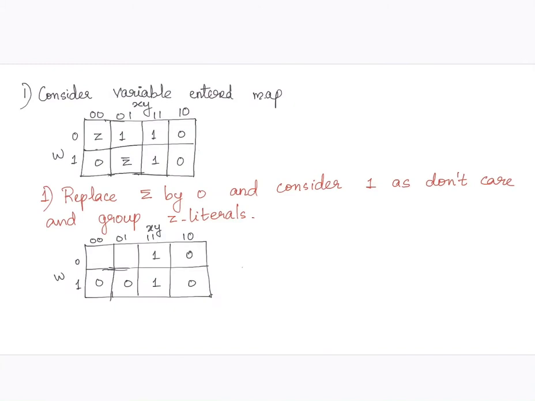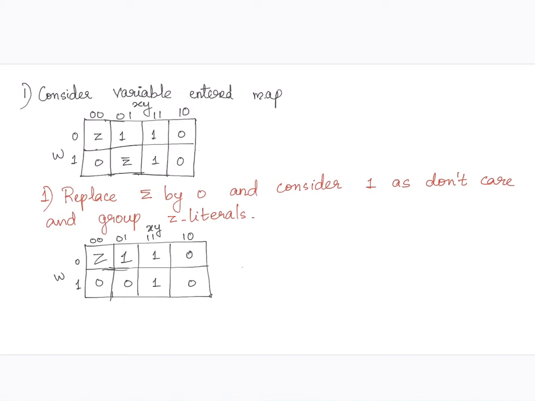So considering another example, consider the variable entered map given by this K map. The first step is to replace all Z bar by 0. All the Z bar should be replaced by 0 and the rest all keep the same value. So here only the Z bar value is replaced by 0.